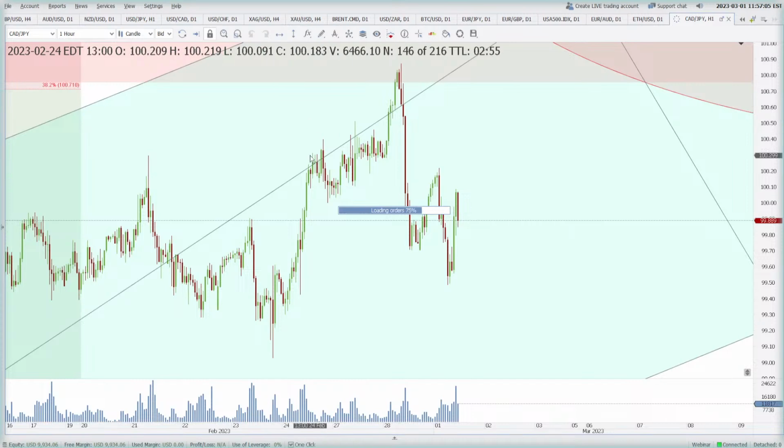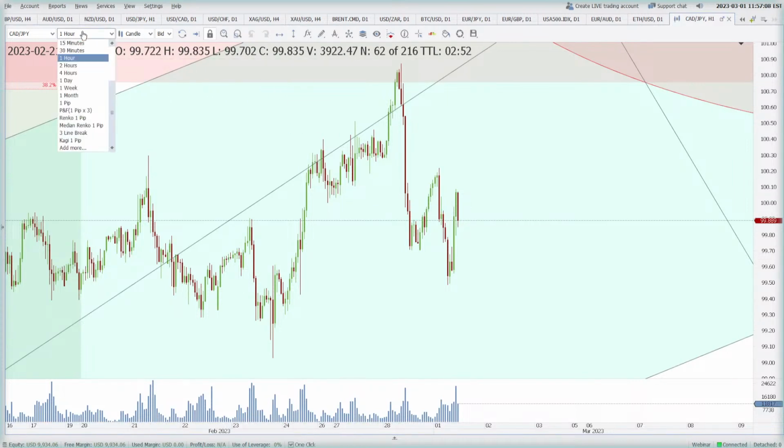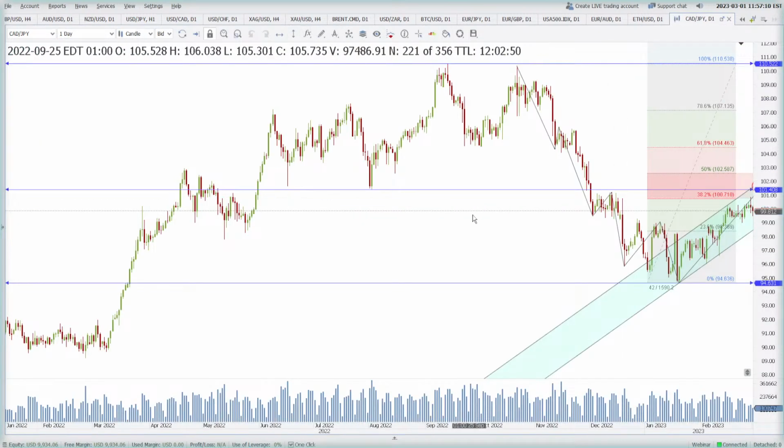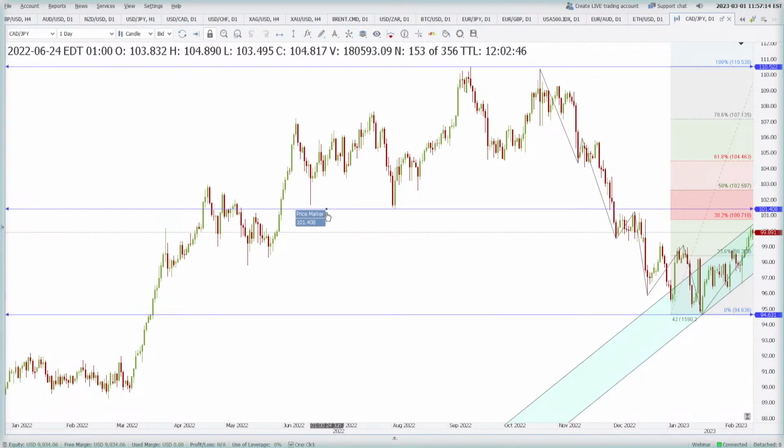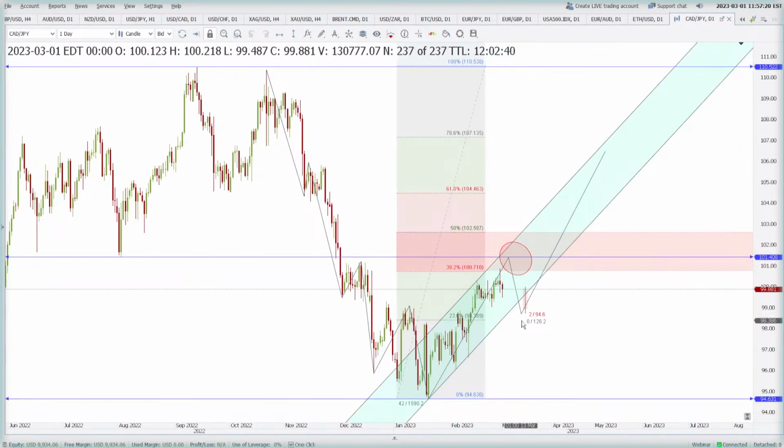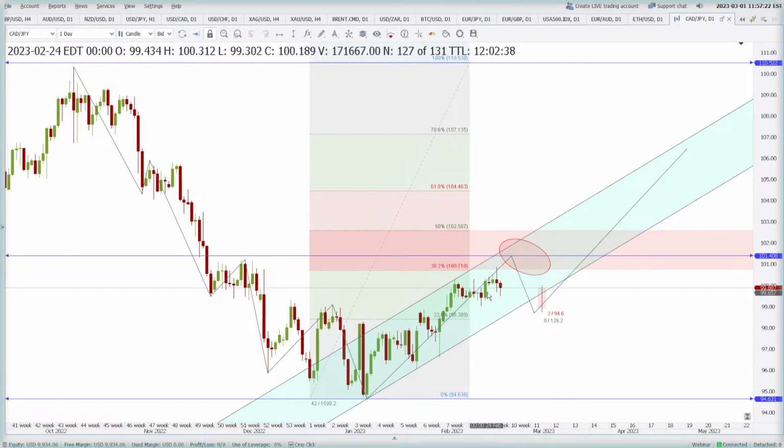CAD JPY, well, my friend, and this is only for my friend MGA, to help him know that when you have marked levels on your chart, it is very crucial to keep an eye on these levels. So when you know that this level is being tested, or you get in the range of this level, boom.